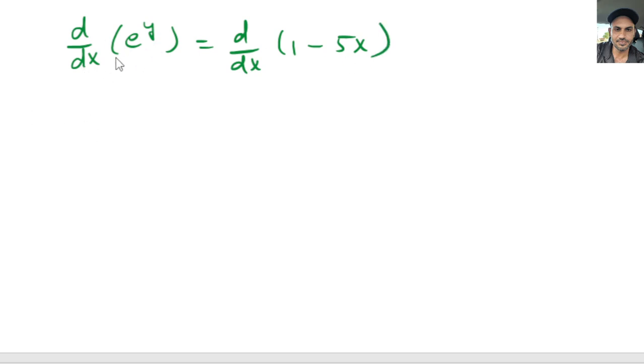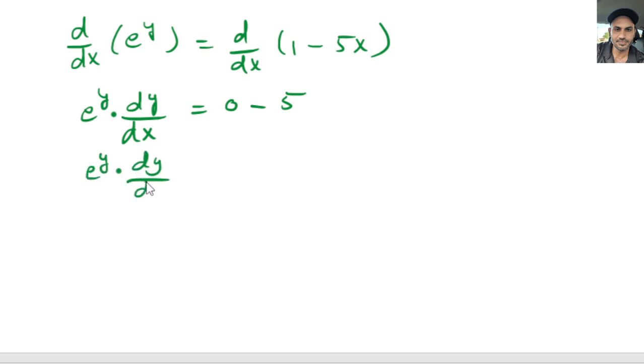When we take the derivative of this, e to the y is just e to the y times dy over dx. The derivative of y is dy dx. On this side, we get the derivative of 1 minus 5x. The derivative of 1 is just 0, minus the derivative of 5x, which is just 5. So we get e to the y times dy over dx equals negative 5.